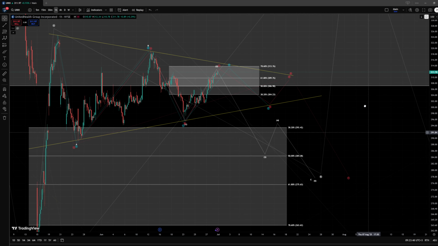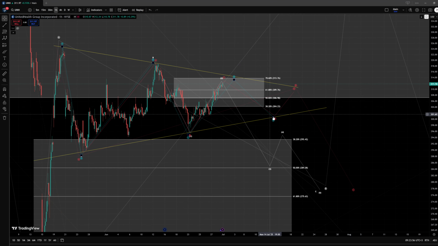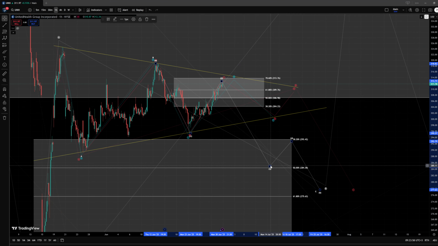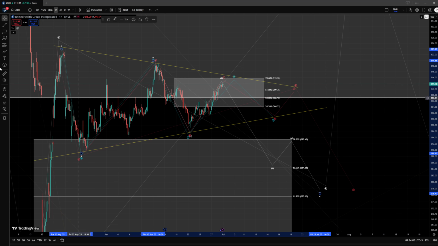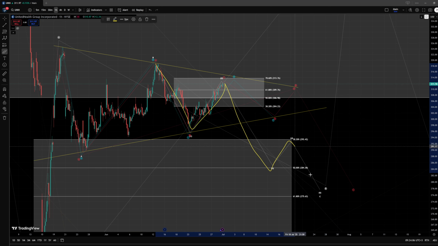But this trade setup here for the white support zone between $294 and $264 is still active. It's still possible that we get here. The white count in this C wave to the downside is not invalidated, where we go in a 1, 2, 3, 4, 5.